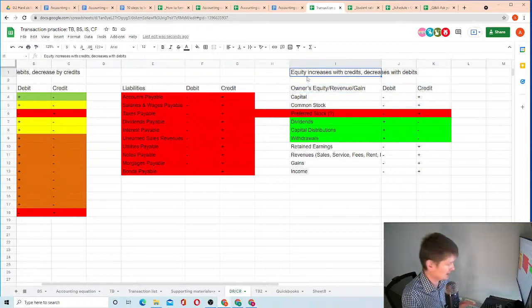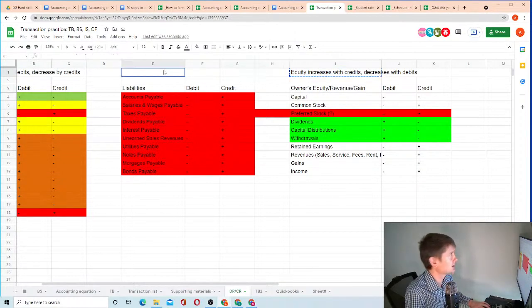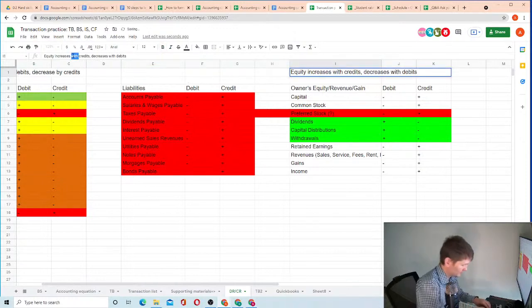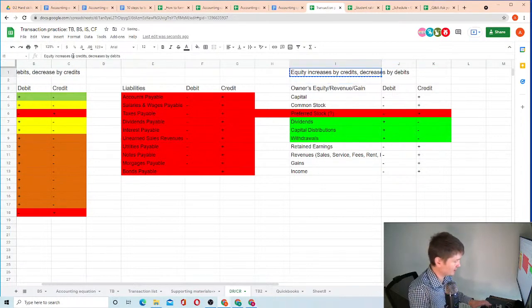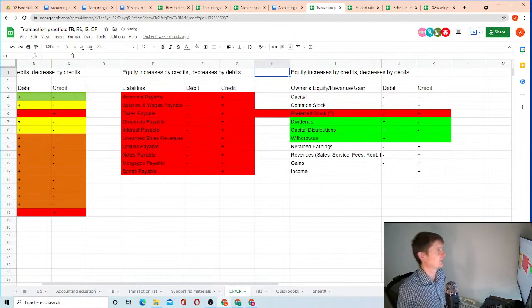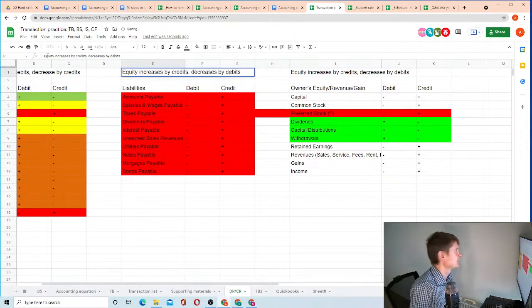So we say that equity increases with credits, decreases with debits. So if we debit the equity, it decreases. If we credit the equity, it increases. And same with liability.